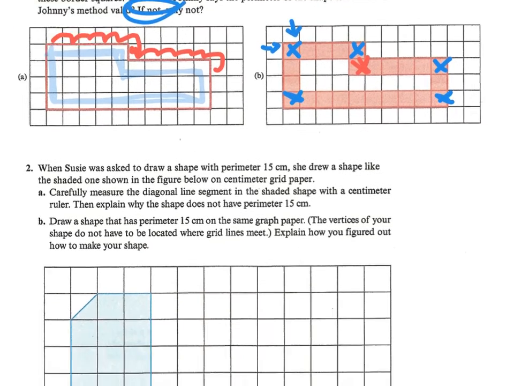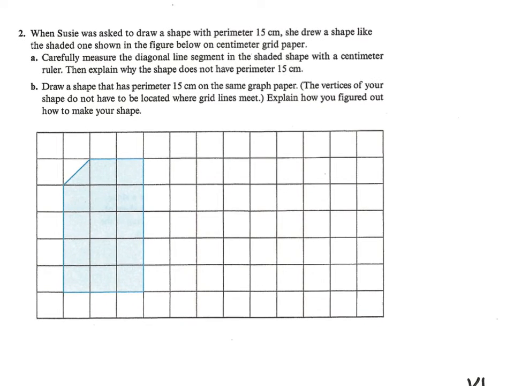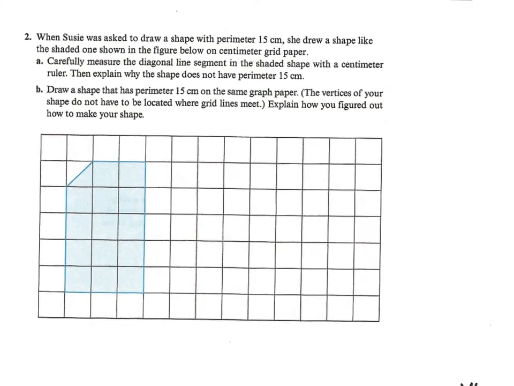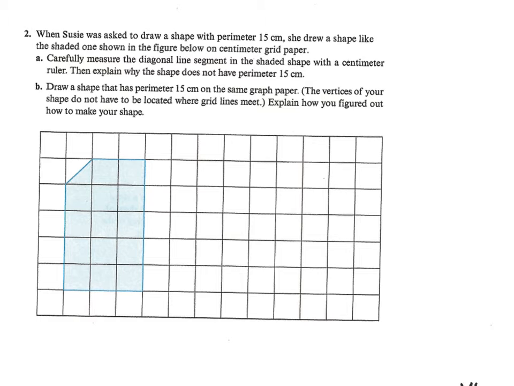Now, when you come down below and you look at what Susie has drawn on the centimeter grid paper, we can take a look at the number of edges she's used. It's 1, 2, 3, 4, 5, 6, 7, 8, 9, 10, 11, 12, 13, 14, plus this guy. But as you can see, this diagonal is longer than one of those edges.